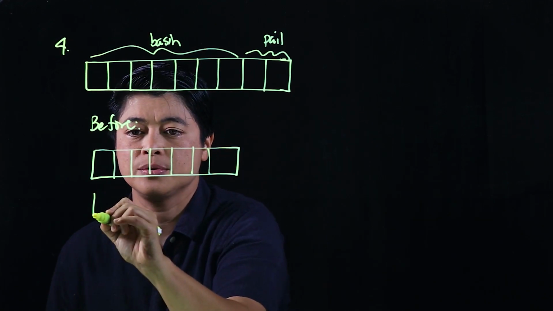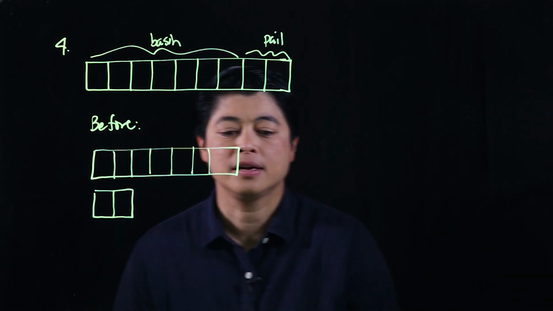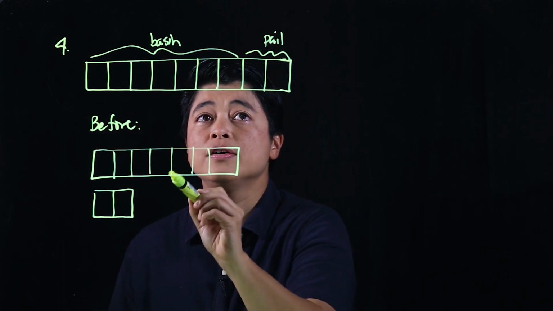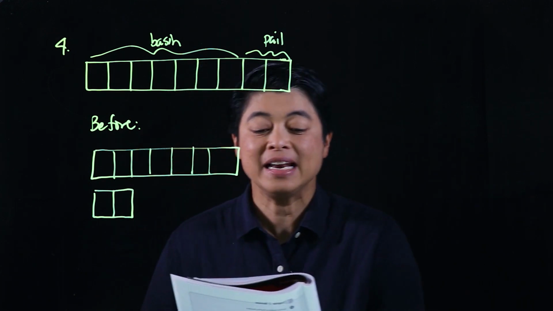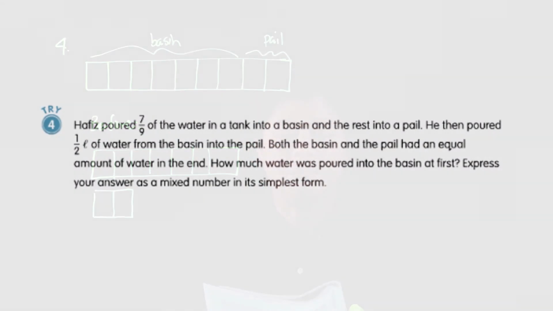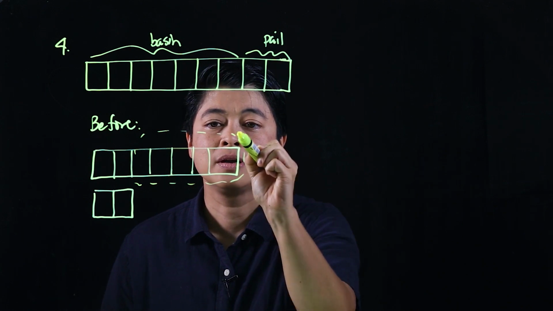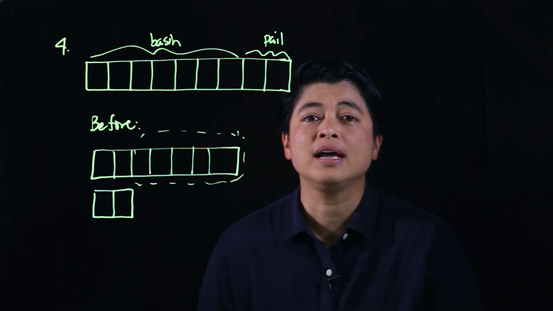And then here's the 2. So he took some of what's in the basin, 1/2 liter, and poured it into the pail, and then both had equal amounts. So that means part of this will be split so that we end up with equal amounts.